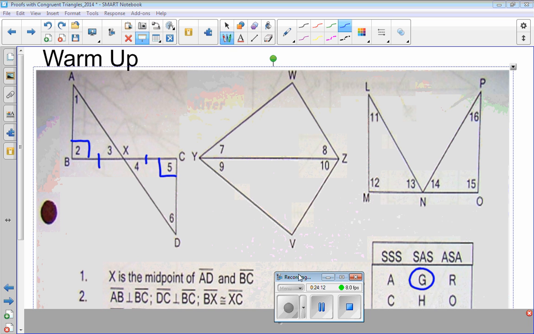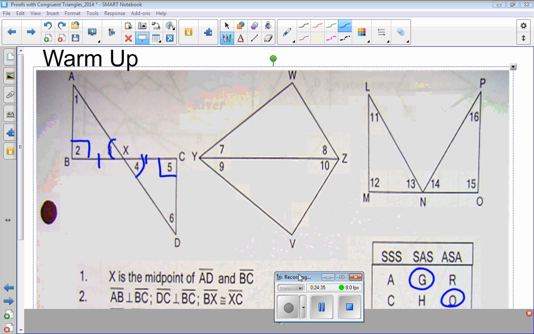No. Are there vertical angles? Let's mark those. So 3 and 4 are congruent. What's the reason that these triangles are congruent? Angle, side, angle. Good. Notice they're the same two triangles, but we used different ways to prove that they were congruent, didn't we? It all has to do with what information was given to us.